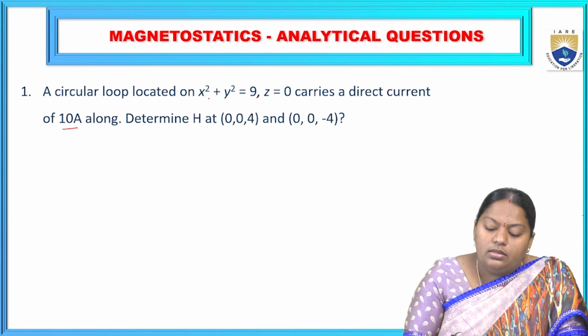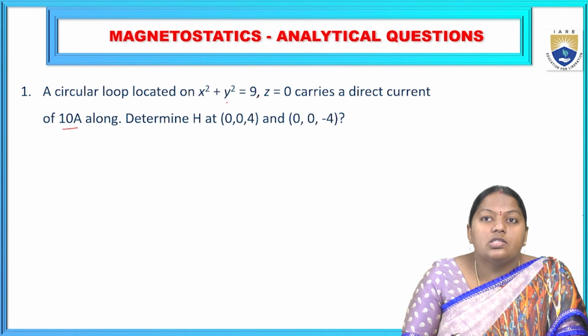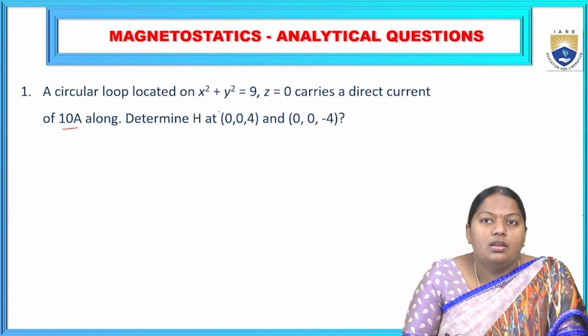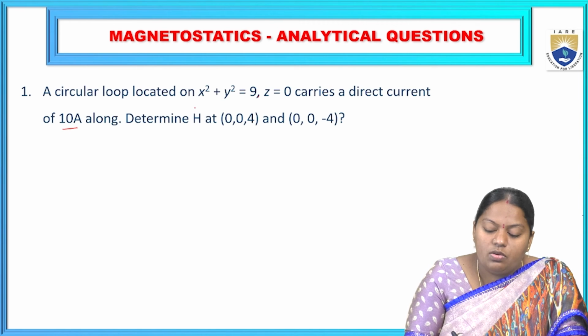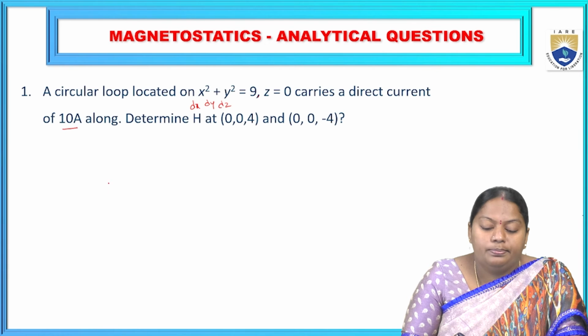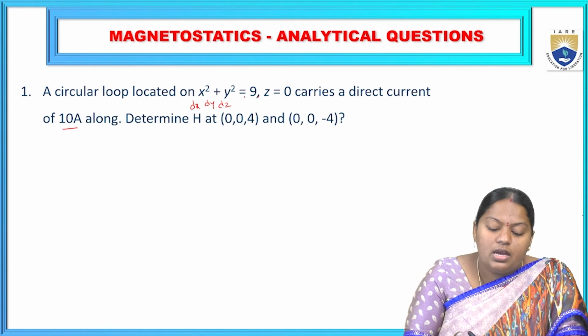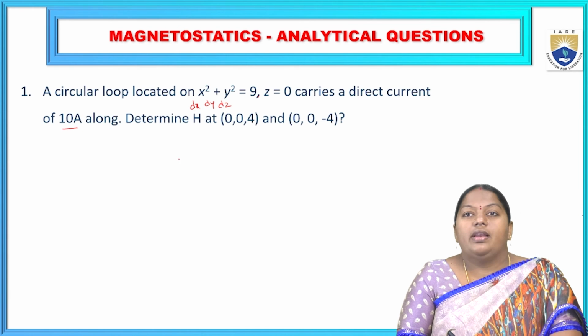So here the variables x, y, z mean Cartesian coordinate system variables are given, and as we know the differential components are dx, dy and dz. The loop is located in the plane x square plus y square equal to 9 and z equal to 0, and the direction is considered along z. And the current value is given as 10 amperes, then H is to be evaluated.